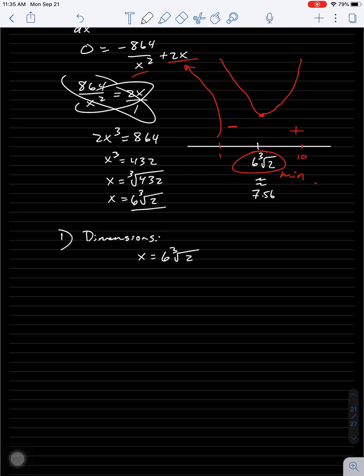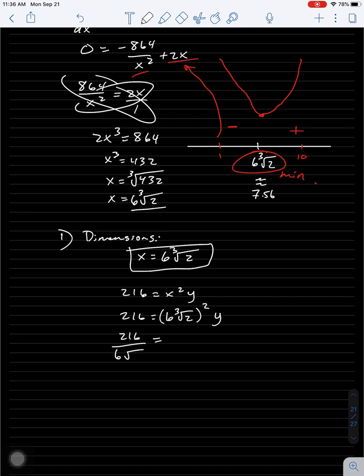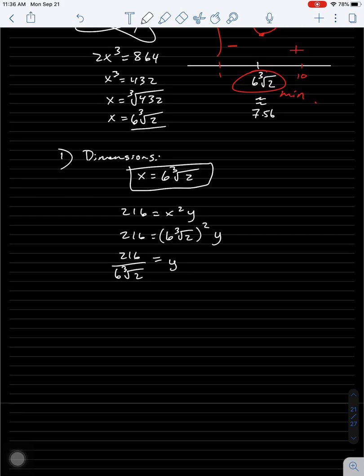And my second dimension I get by plugging that value in to my equation that relates x and y. Okay, and so I get 216 over 6 times the cube root of 2, and that's squared. There you go.